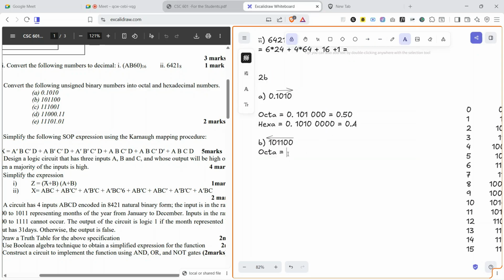So the octal of this is going to be 0, 0, 1, 1, 0, 1.